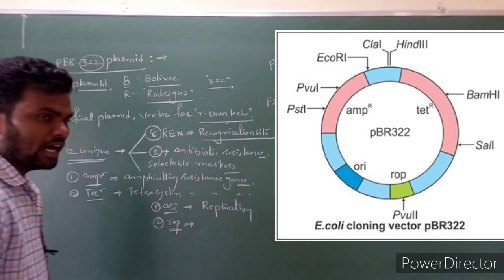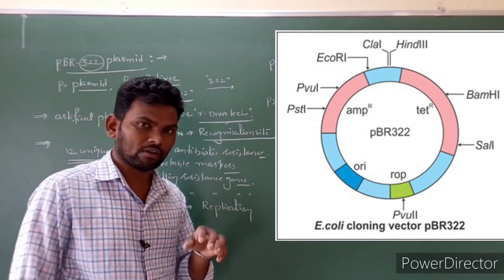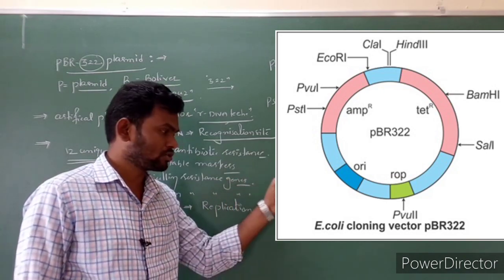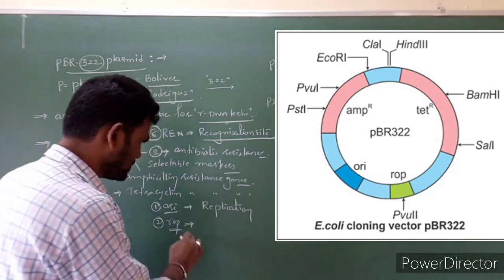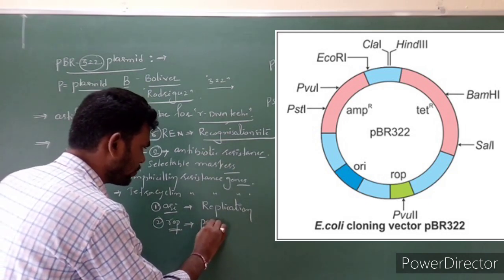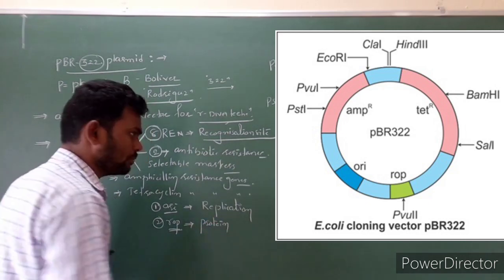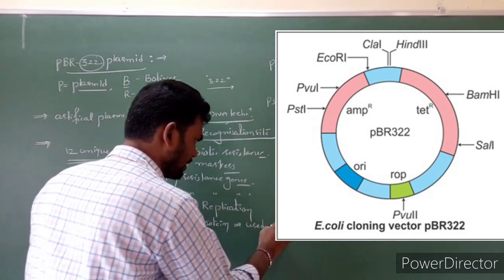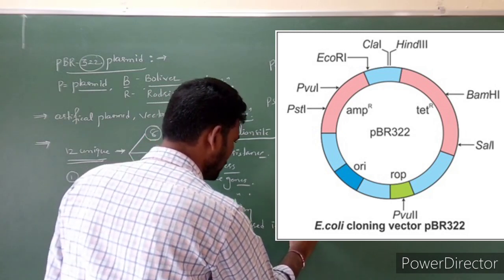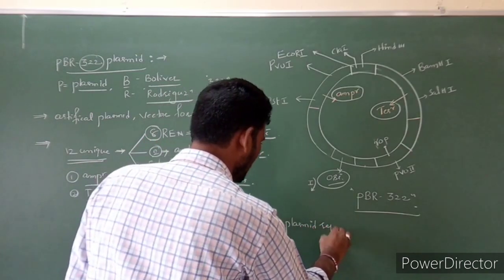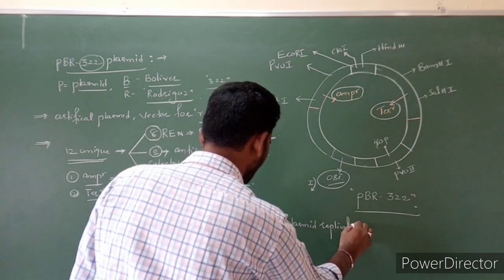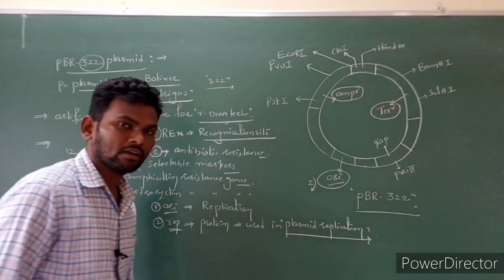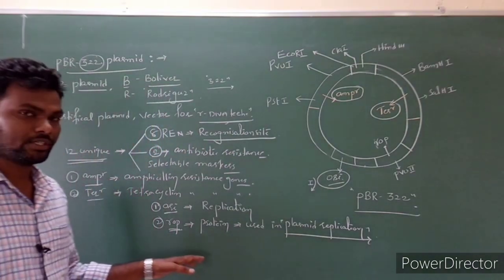The ROP sequence codes for some proteins which are involved in plasmid replication. Clear? So this is the pBR322 plasmid.